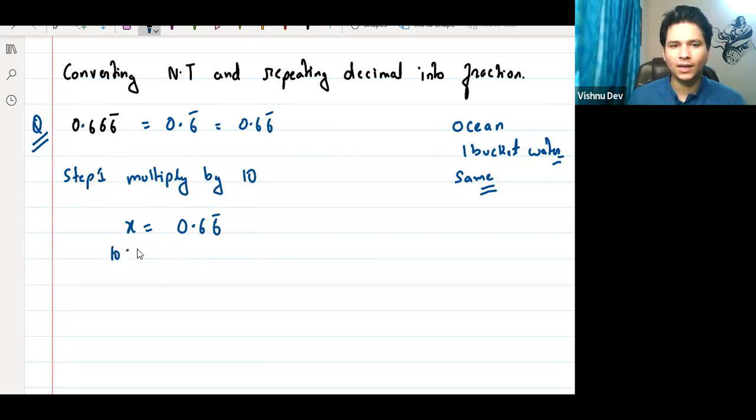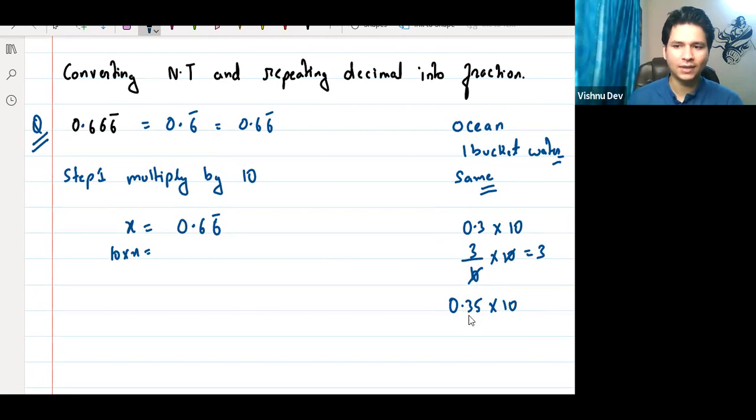10 into x, it will be what? Think about it. If you multiply 0.3 into 10, it will be what? The decimal place will shift by one place. It will be 3 by 10 into 10, so this is just 3.0. Correct. Very good. So suppose it is 0.35 into 10, it will be what?